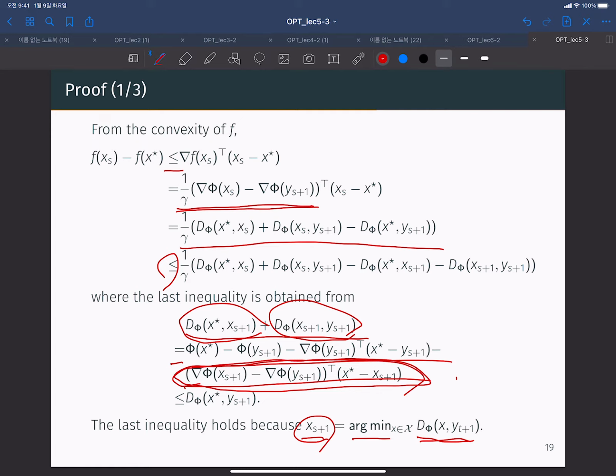This is always less than or equal to 0. That's why we can upper bound this previous term by this; the minus of this term is always negative.